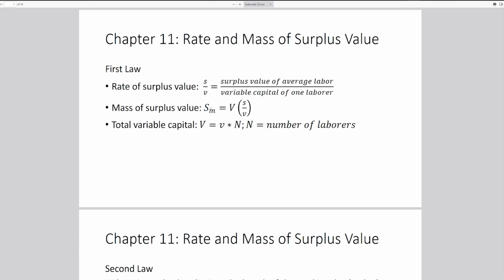But at the end of the day, what Marx is talking about is that typically the capitalist wants to increase capital S. That is what they're going for.